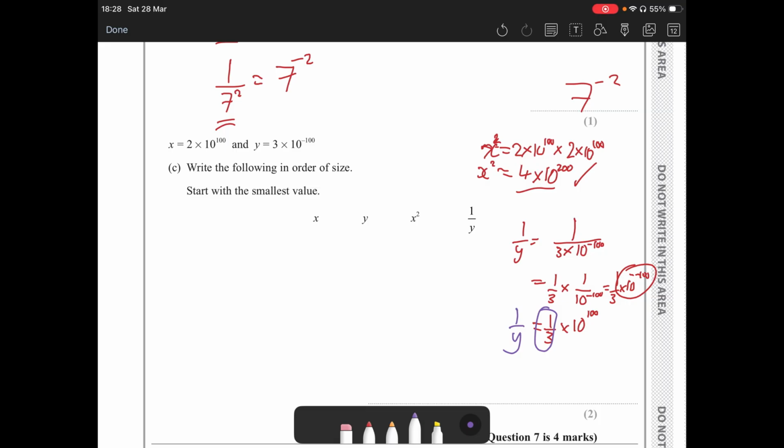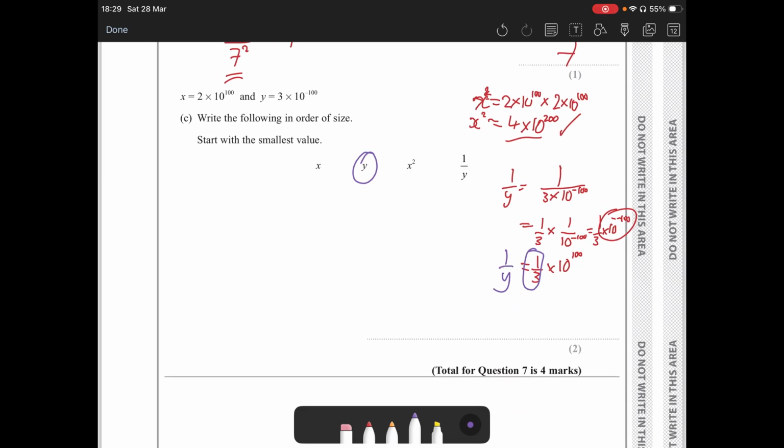So, let's think about what we've found. Of all three numbers, y on its own is literally the only number with a negative power of 10. So for that reason, we will start with y as the smallest number.